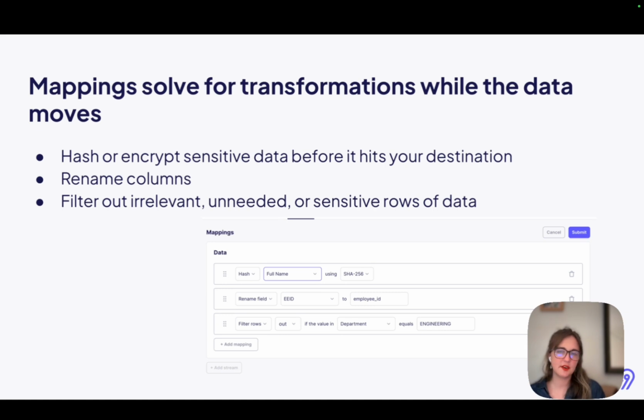Mappings solve for these transformations or refinements while the data moves. You can hash and encrypt sensitive data before it ever hits your destination or goes anywhere at all. You can also rename columns so that the schema in your destination matches whatever you need it to. And you can filter out irrelevant, unneeded, or sensitive rows of data before they're extracted.